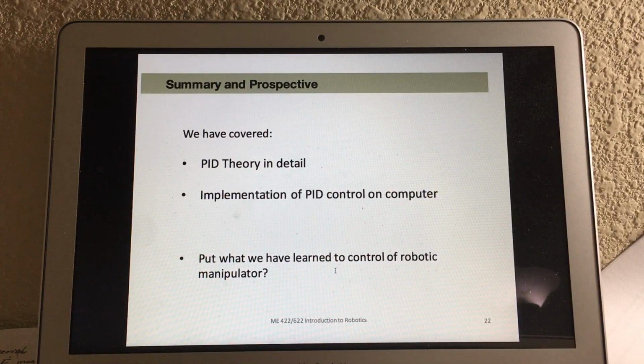It really doesn't matter. I hope by going through this example in detail, you have a rough idea of what is going on with control, and you have some feeling about how this is done in reality, in practice, in industry. That's the end of this lecture.